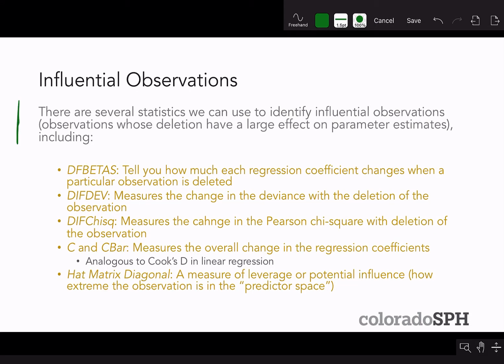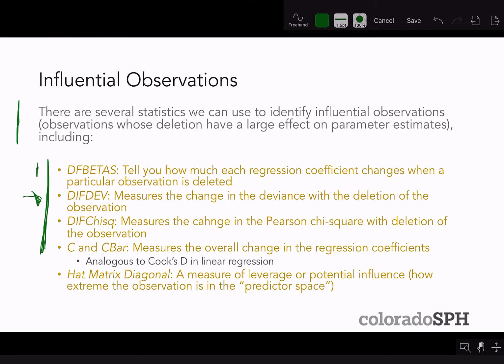Then there are several different statistics that you can calculate to identify influential observations in the data set. Influential observations are those whose deletion has a large effect on parameter estimates. You learned about these in 6611 for linear regression, and for the most part you interpret them all the same way, where a large change in any of these numbers at a particular observation indicates that the point is more influential.